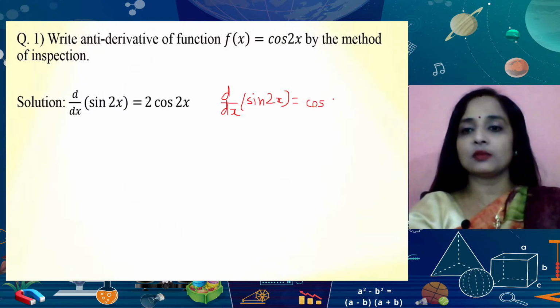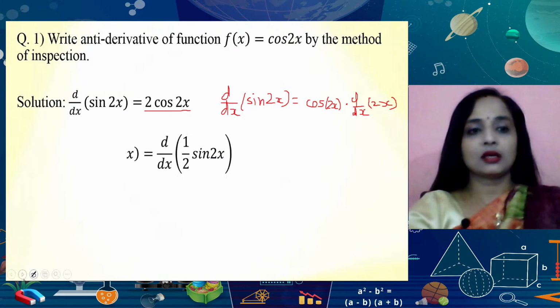This will become cos of 2x, and then you multiply it with the derivative of 2x. So the answer is going to be this.